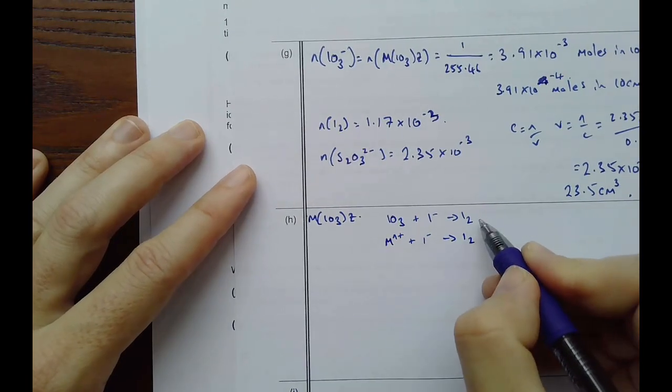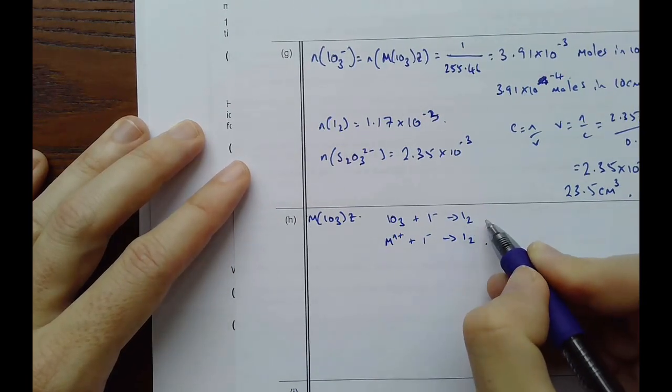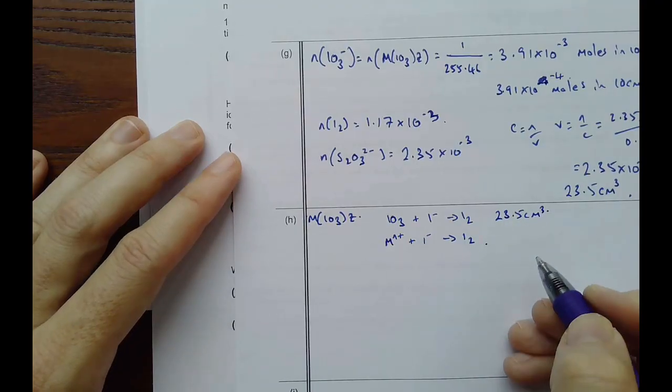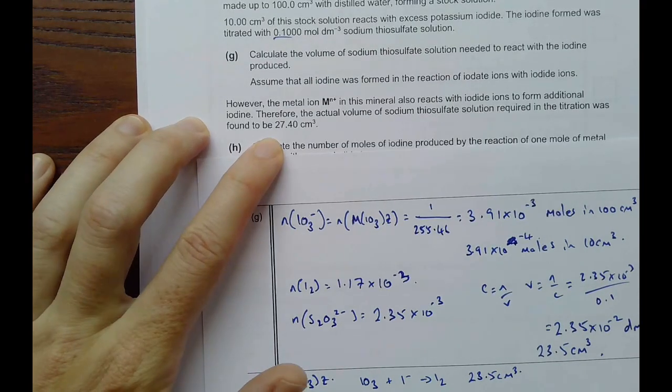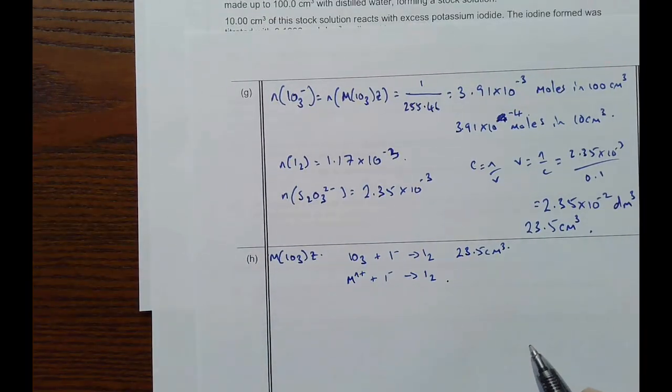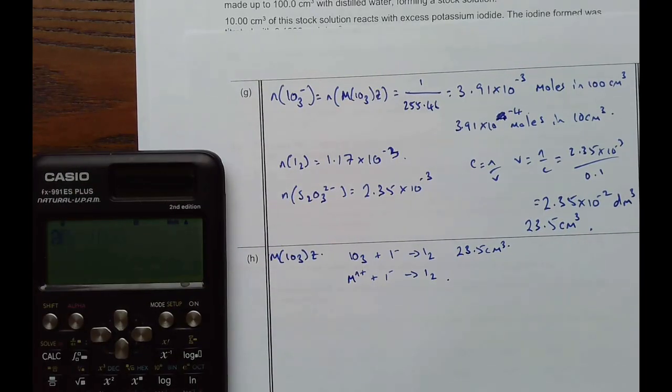Now this iodine produced here requires 23.5 centimeters cubed of sodium thiosulfate. The actual amount used is 27.4, so the difference between the two is going to be due to the metal. So 27.4 minus 23.5 is 3.9.